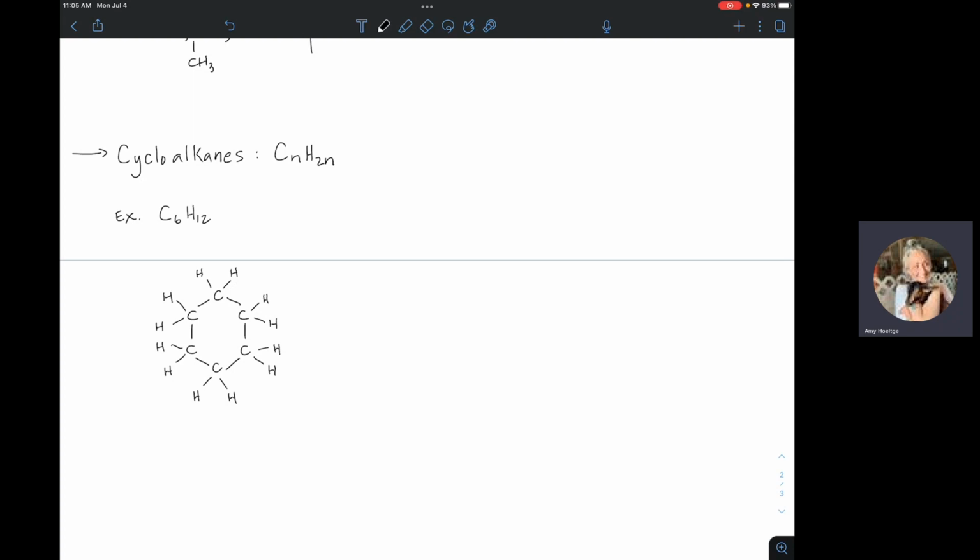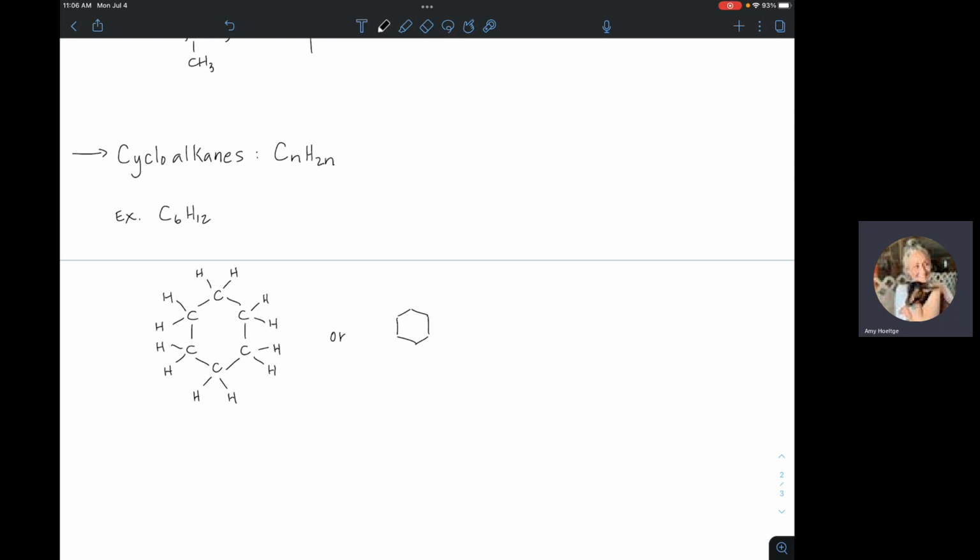Okay, so each one of these carbons, again, sp3 hybridized, there's a tetrahedral geometry about each individual carbon. Or you could draw the line bond structure, and it's simply just a hexagon, right? So that's a lot easier than drawing out the expanded structure.